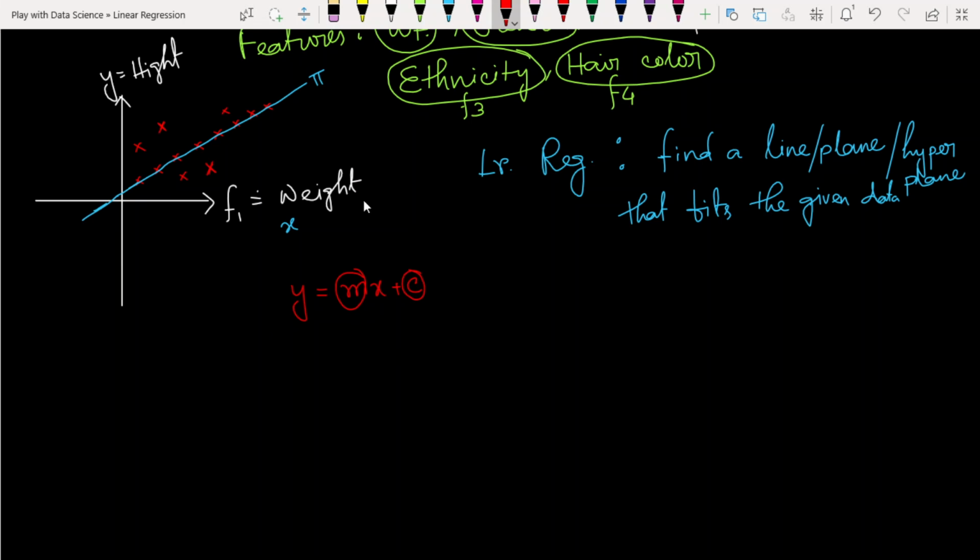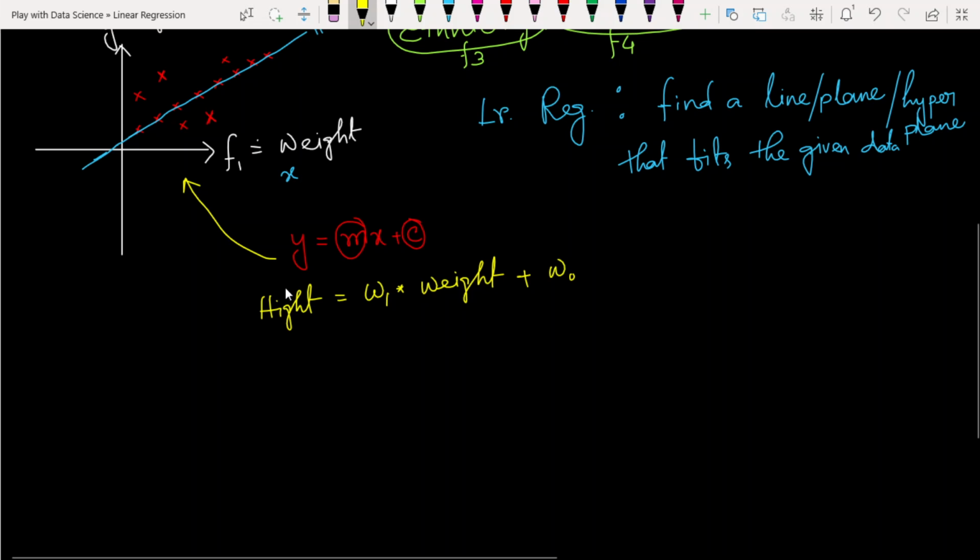So simply in these situations, what will be the equation here? If we convert this equation to this system, here y means our height, m means W1, x means weight, plus c, which we call W0.